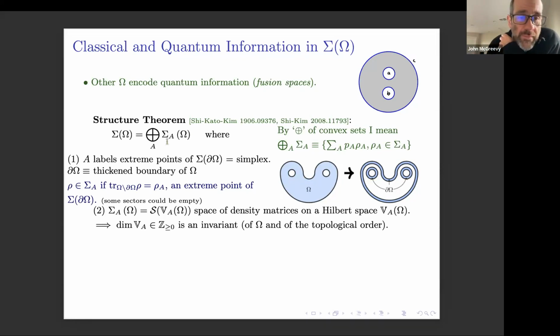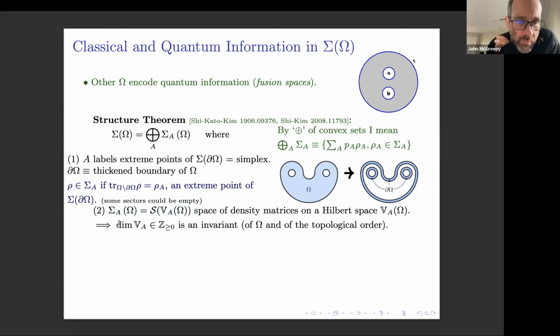If I pick a set of labels of the thickened boundary, that's what A is, then the resulting information convex set is the state space of some Hilbert space V sub A. It carries the labels of the thickened boundary, and it's some finite dimensional Hilbert space whose dimension is an invariant of both the region and the topological order.